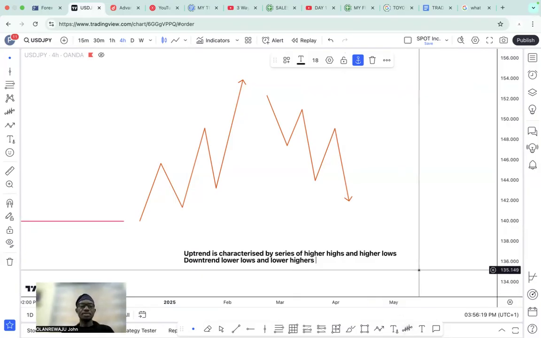So what that simply means is that the market is always moving in a sequence. It goes up, comes back a bit, goes up again, comes back a bit, and then goes up again.